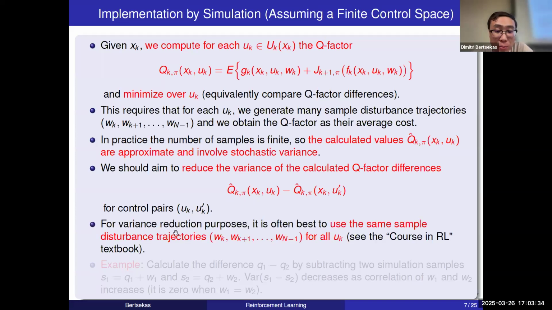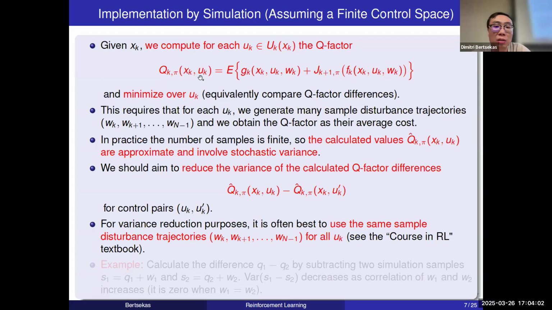For variance reduction purposes, it is often best to use the same sample disturbance trajectories for all u_k. Here, we need to make an implicit assumption: that all the random disturbance trajectories can be generated under different controls.